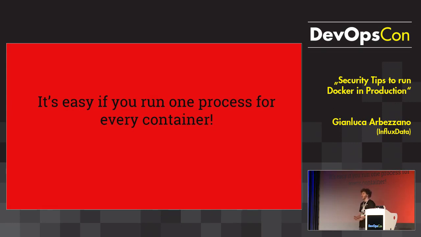All these kind of tools are really easy to use if you know what you are doing. If you run one application in every container, it's a best practice. I hope that everyone knows that this is maybe the first best practice that you need to have in your mind when you run a container. If you're running more than one process inside the same container, like Apache and MySQL, you are doing something wrong.